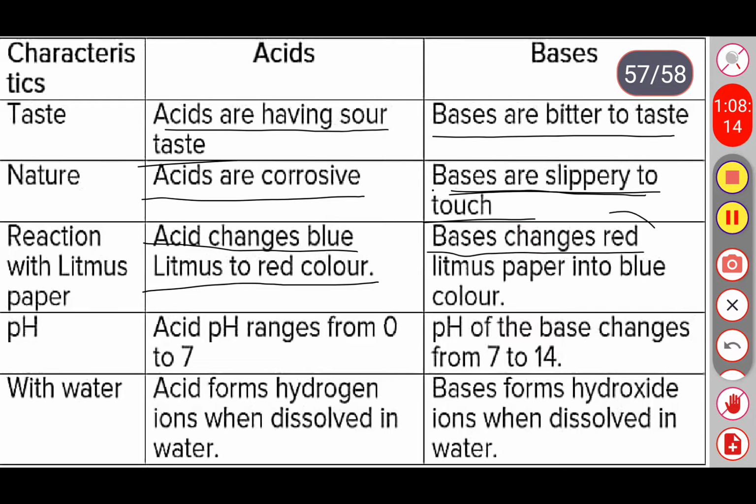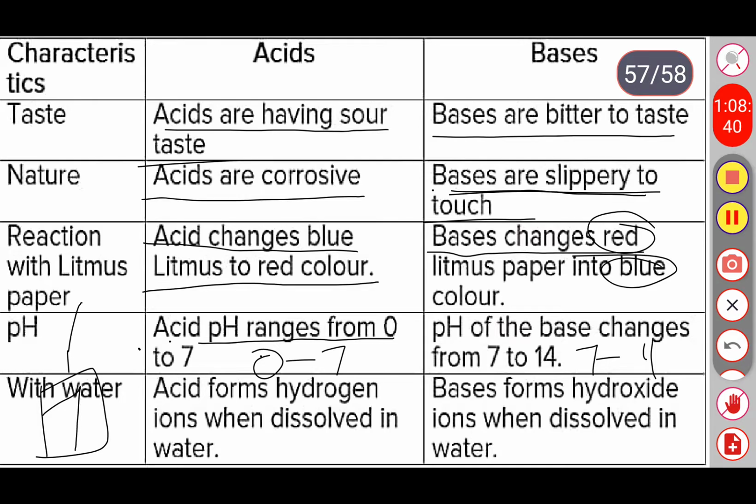It means the range of acidic substances is from 0 to 7, whereas the range of basic substances is 7 to 14. If any substance has exactly a pH value of 7, that type of substance is called a neutral substance. The best example for a neutral substance is water. The pH value of water is 7.